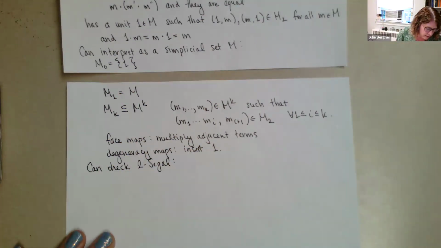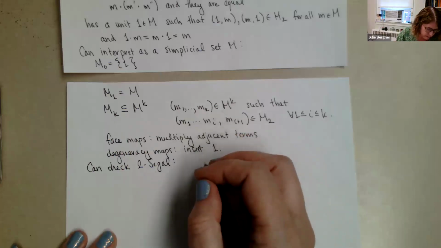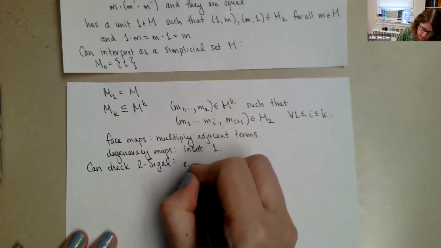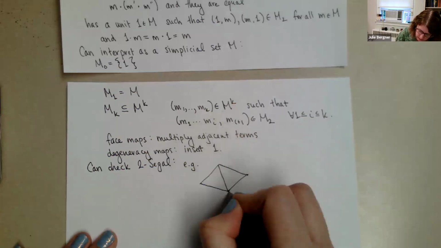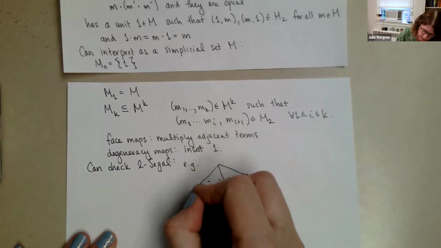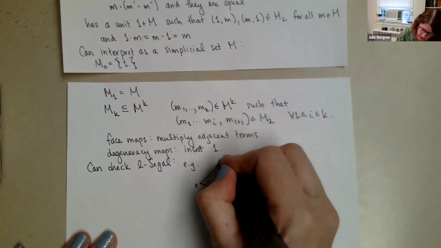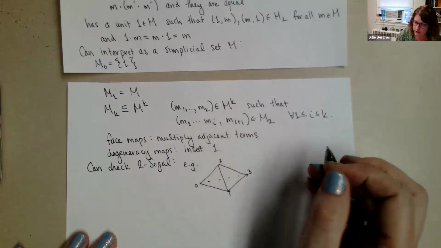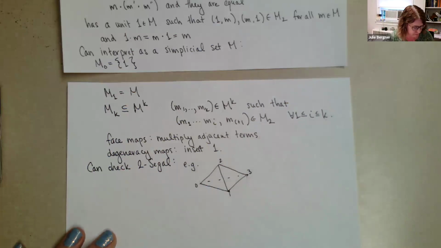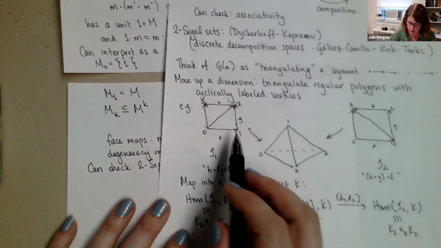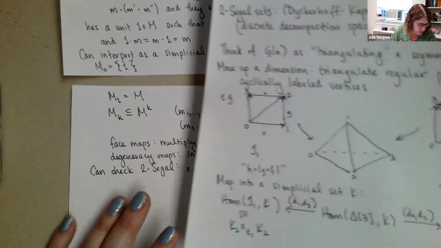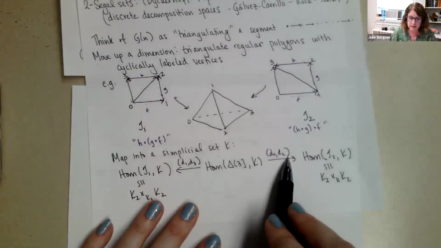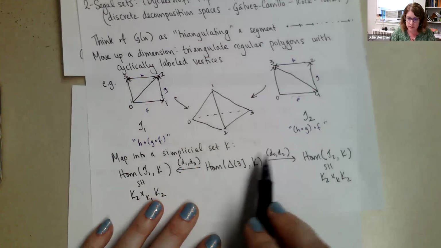So if I have a 3 simplex, again, this is just kind of schematic, and I take that triangulation, I'm going to do this one, use this one, I'm sorry, no, I'm going to do the other one. All right, the one that's d0, d2. I'm going to check this map.